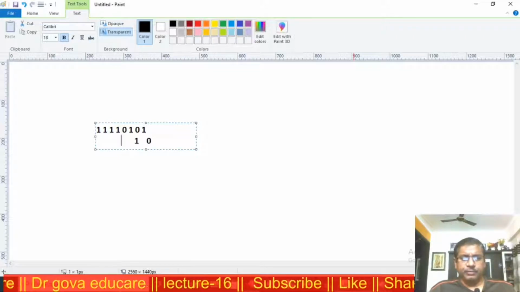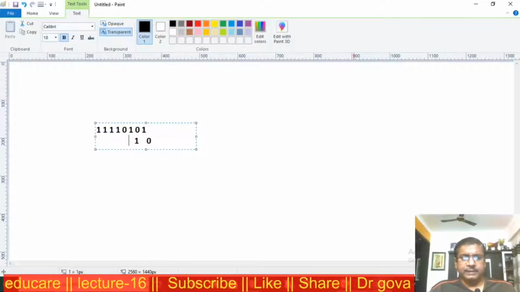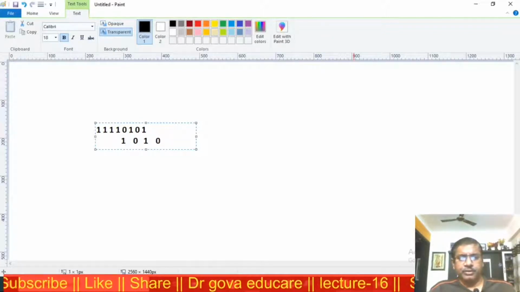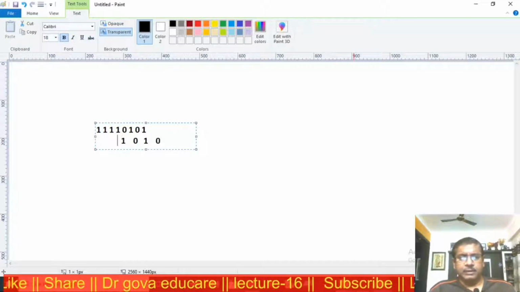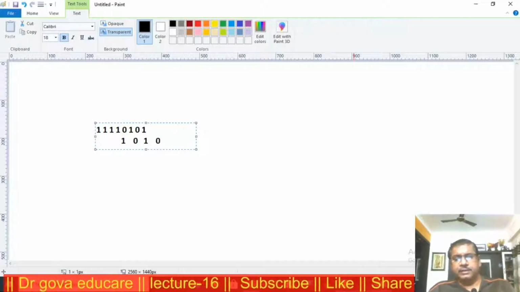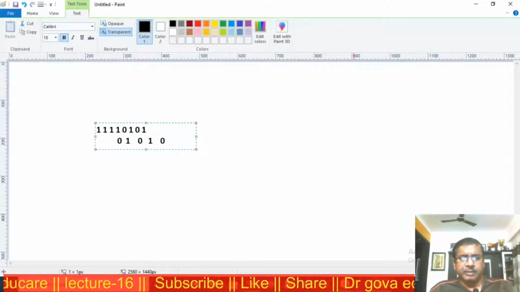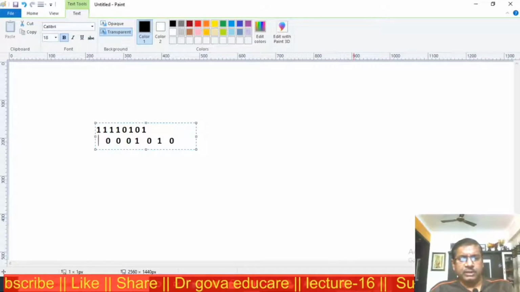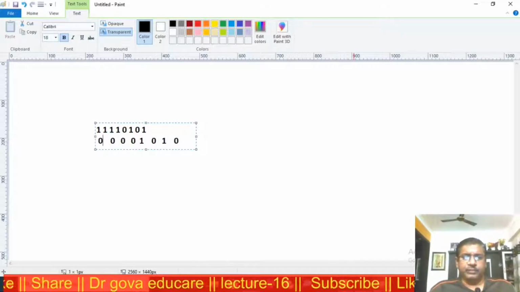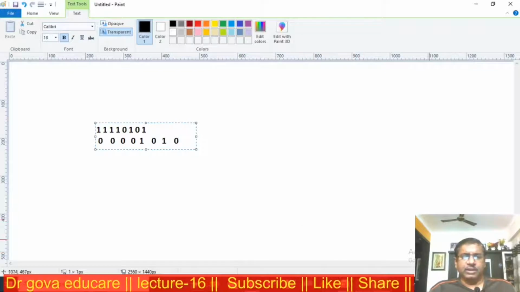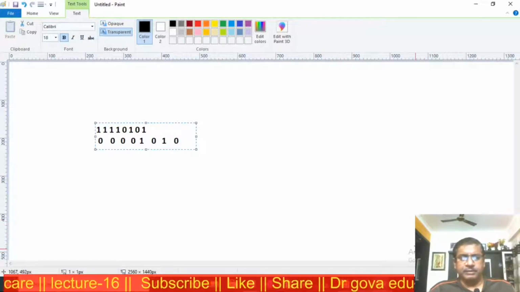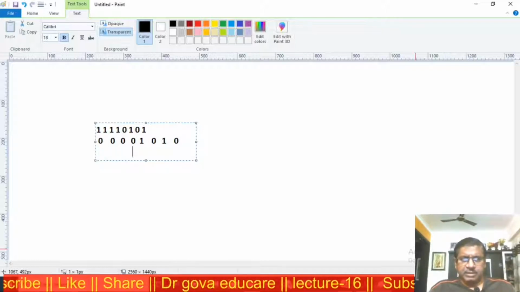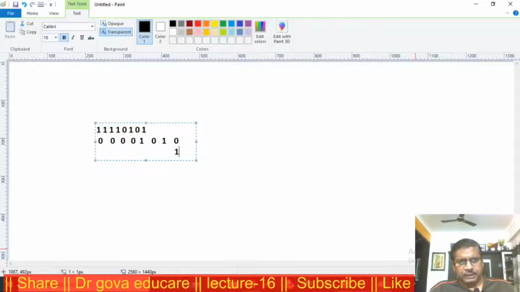The complement of 1 is 0. The complement of 0 is 1. The complement of 1 is 0, and the remaining ones become 0. Now this is the 1's complement of the given number. Now add 1 to the 1's complement of this number.